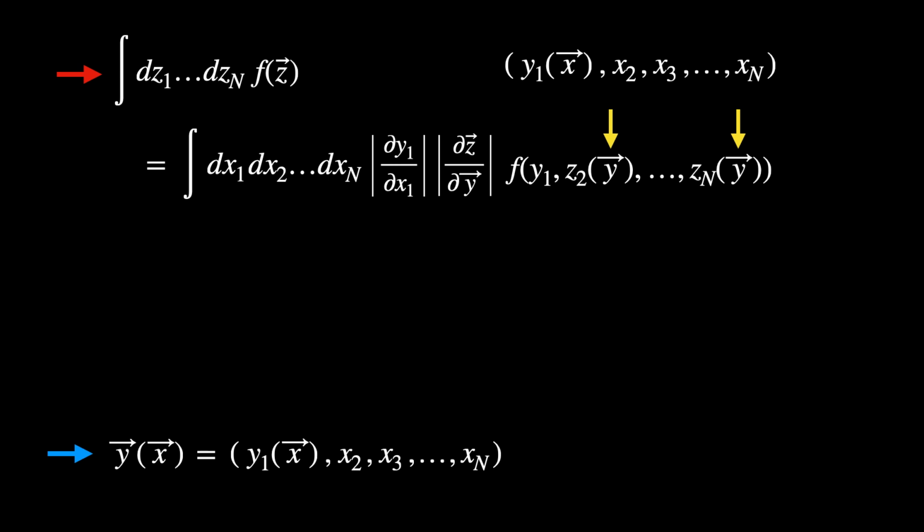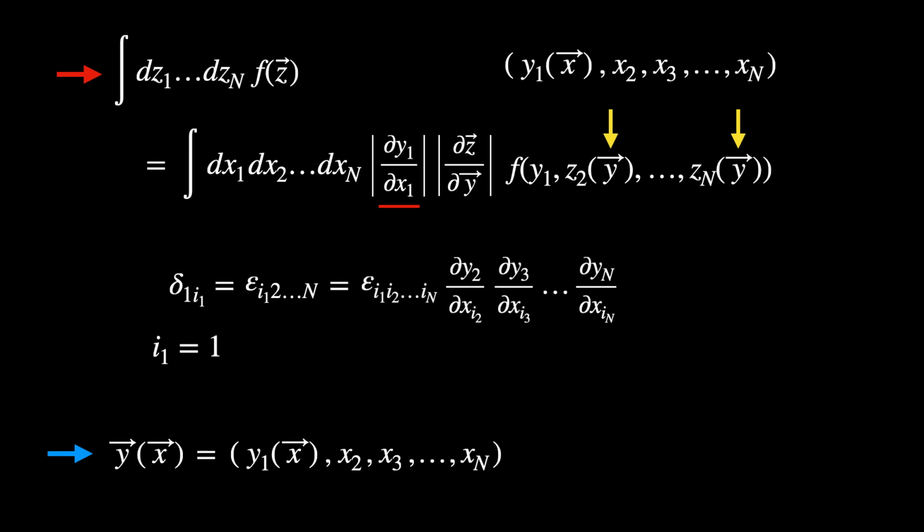We will now show that this derivative is in fact the Jacobian of the map between y and x. First notice that this delta symbol fixes the index i1 to the value 1, and that this delta is actually equal to the following epsilon symbol. It is not difficult to see that this epsilon is equal to the following. The indices 2 to n are now replaced by ones that are summed over. But that's okay, since these derivatives are all delta symbols which fixed these indices to their original values.